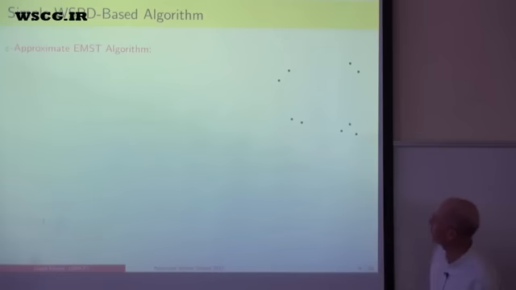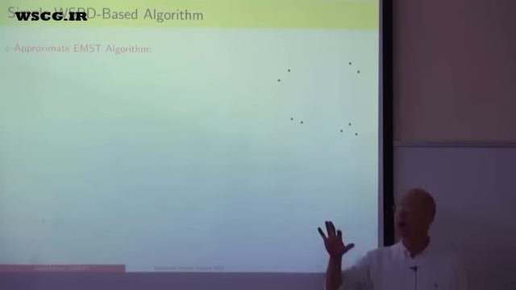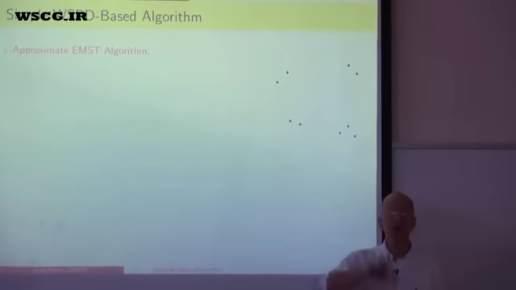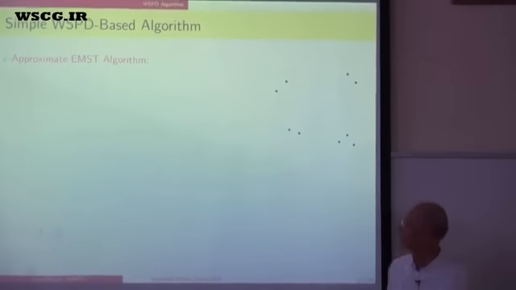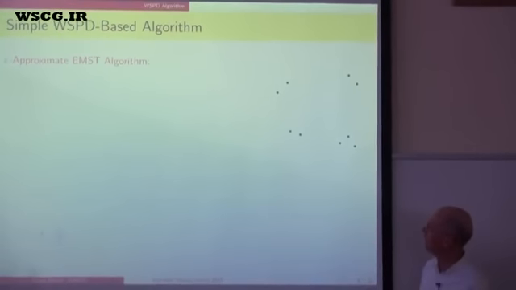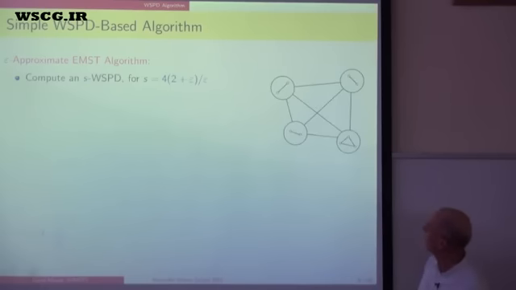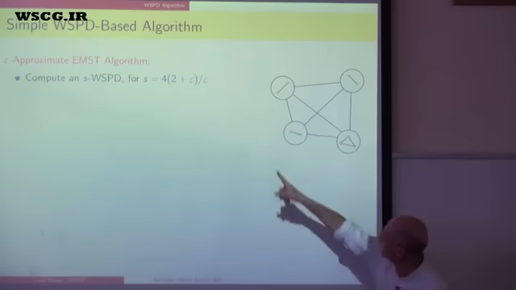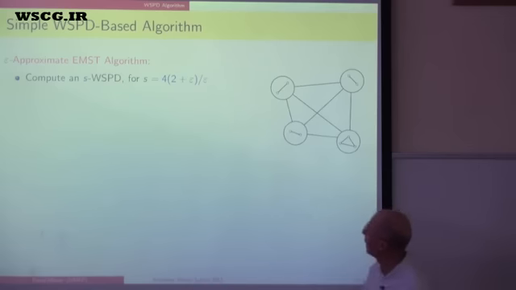Okay, so let me describe the algorithm here. I can think of this as Vijay's algorithm, but expressed in the language of well-separated pair decompositions, and this was given by Callahan and Kosaraju. So let's suppose we start with a point set. I'm going to compute a well-separated pair decomposition for this point set, using this particular factor. Again, remember, how did you pick this factor?